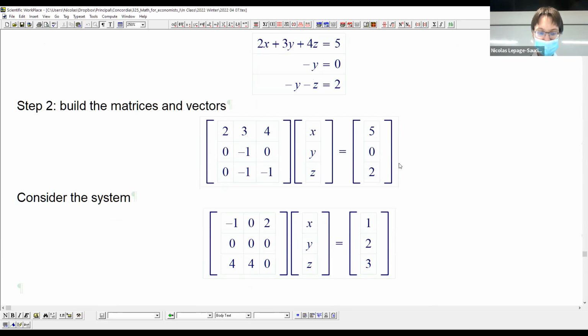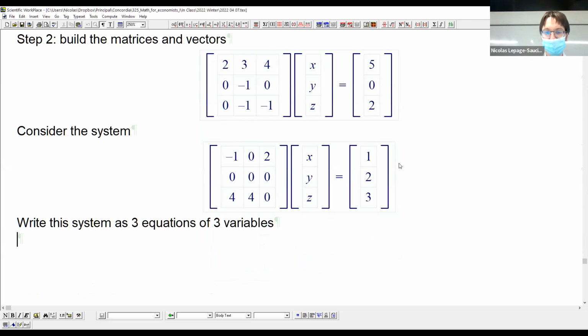So this system has 3 equations. So this is, there's even fewer steps.